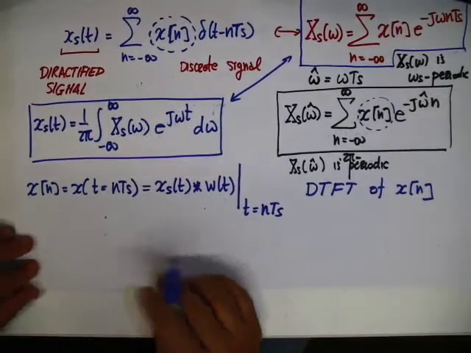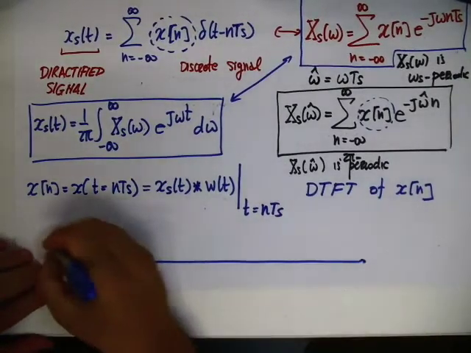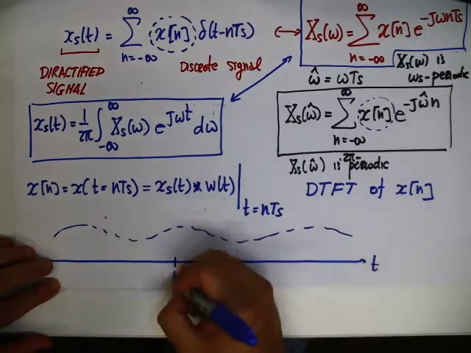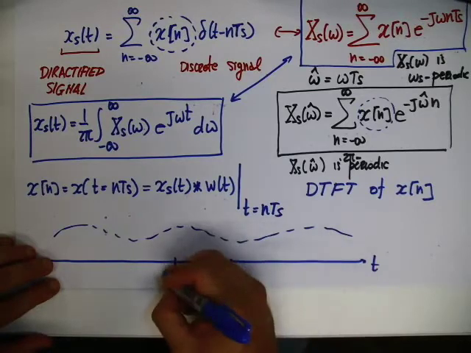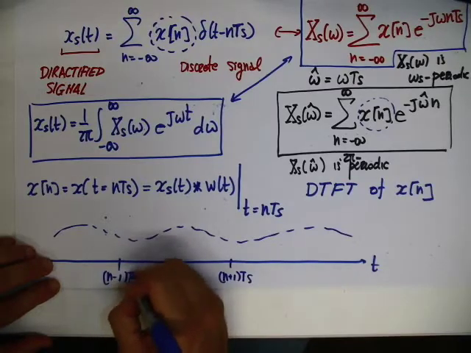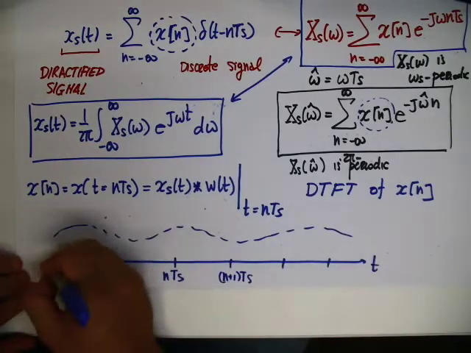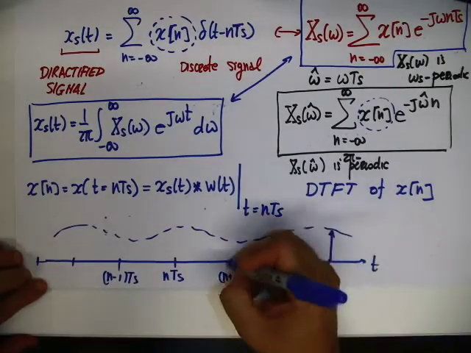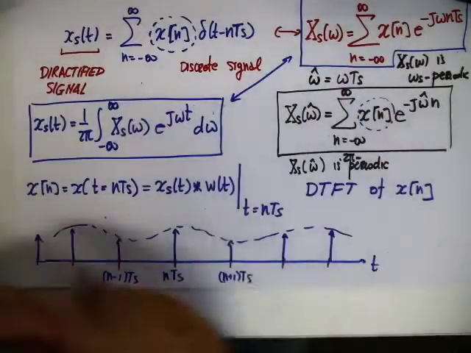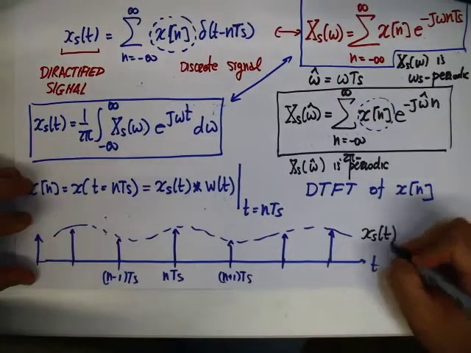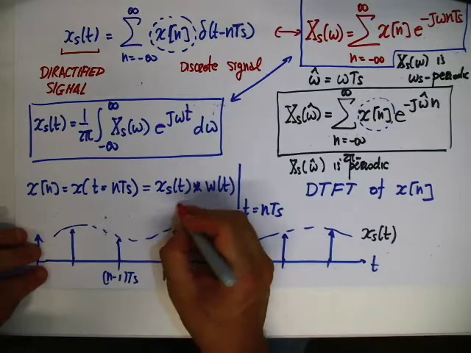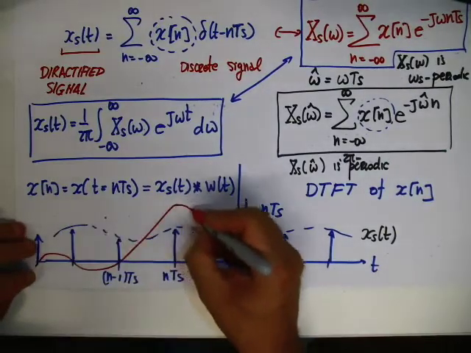Right? Indeed, we saw that if we have here a discrete signal, nTs, n plus Ts, n minus Ts. So here we have 1, 2, 3, 4, 5, 6, 7, for example. This is the Diractified signal. I can choose, for example, the sinc function as a window.